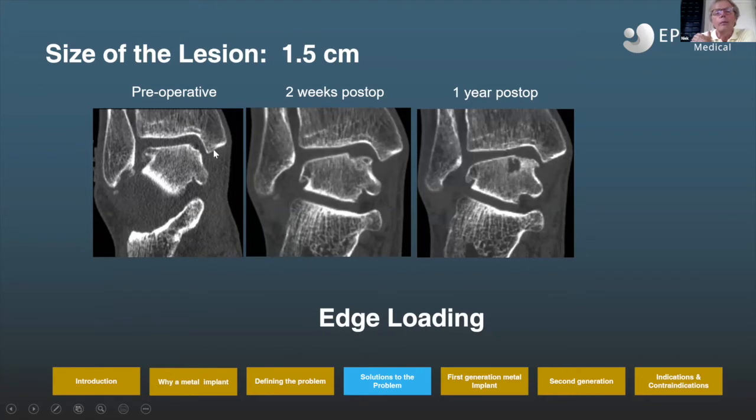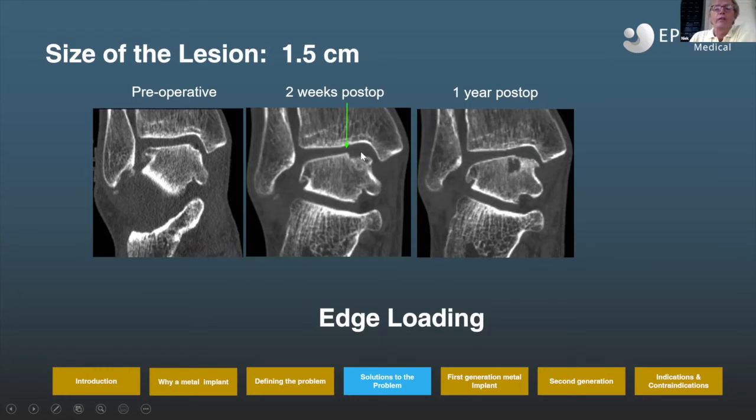And you see, probably the cartilage lesion was larger, so I made a much larger lesion, a lesion of 1.5 centimeters. So now it's a critical lesion. So what happened is that the compression now is on the edge here of the healthy cartilage. There's no compression, or much less compression, on the original defect.